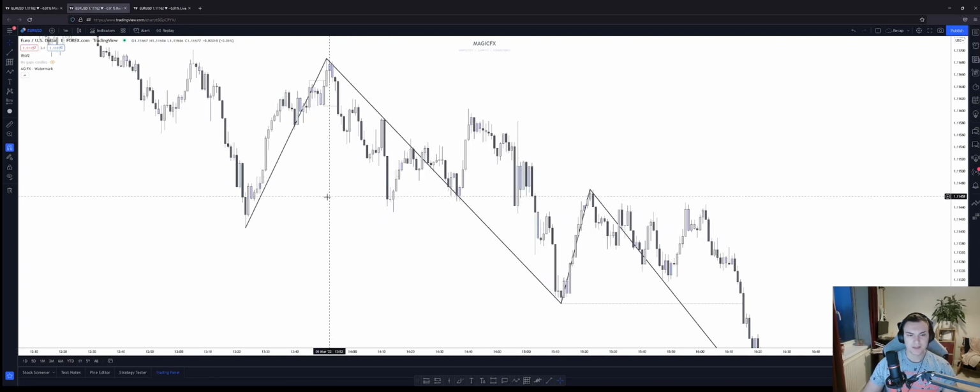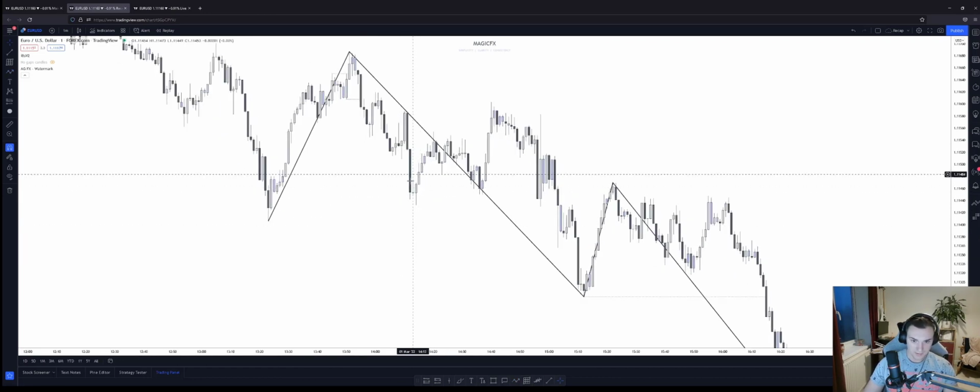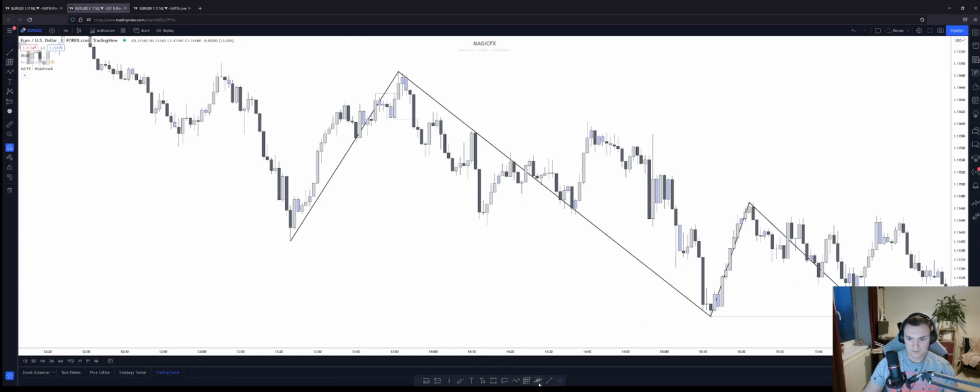So we did get another change of character as price approached the bottom down here. We've got a low, a high, and a low. And this is an inside bar change of character, which is another valid type in my point of view. So yeah, there's another change of character.